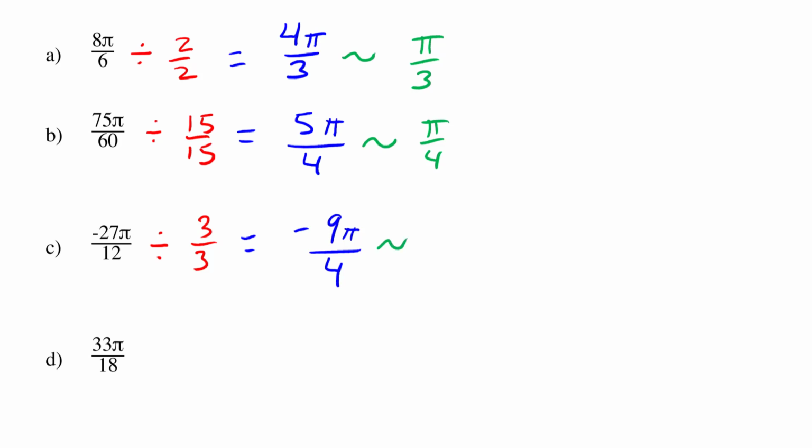Again, related to pi over 4. Negative 9 pi over 4 is related to pi over 4. And the last one, when we divide by 3, we'll see that this is related to pi over 6. It's 11 pi over 6, related to 1 pi over 6.